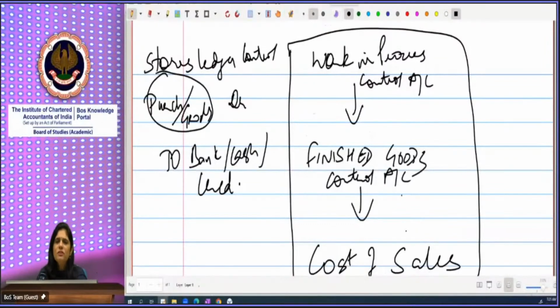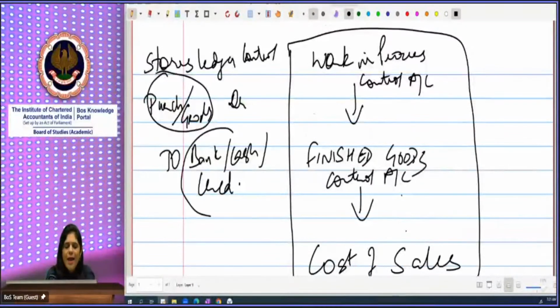Whatever purchases we make of raw material or any goods, we have to store in inventory. So purchases of goods is the term for financial accounting, and the similar term for cost accounting is stores ledger control account. Instead of purchase or goods, we will be using stores ledger control account.